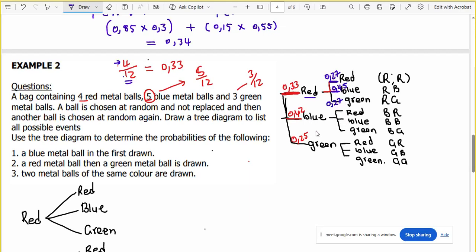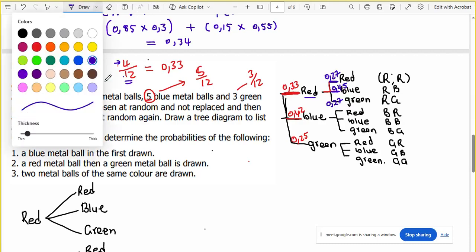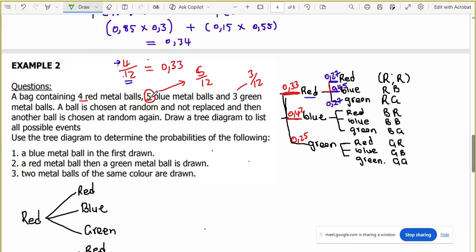Okay, so now let's say that the first event, the first pick, was blue. This tells you that we no longer have 5 blue. So for the next one to be red, how many red are inside? If the first was blue, there are still 4 of them, over the 11 left.